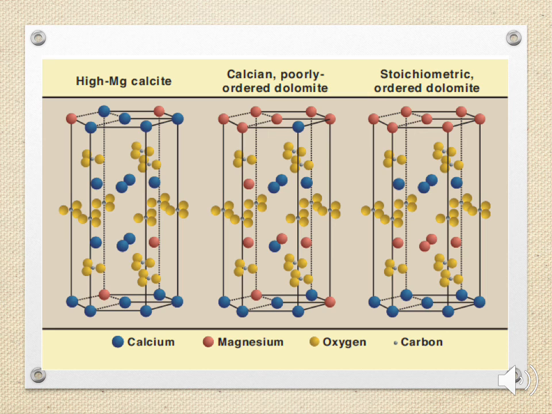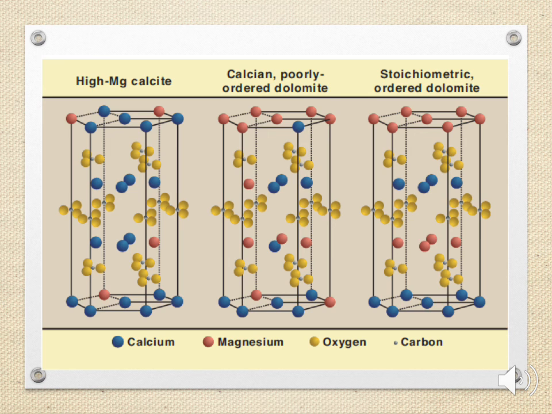All right. So in high magnesium calcite, you have some random magnesium coming in and taking the place where calcium would be. It tries to alternate, but it's not making one complete layer yet. It's nowhere near.